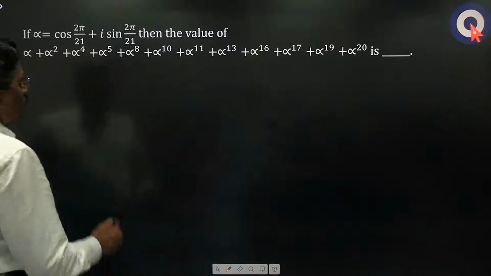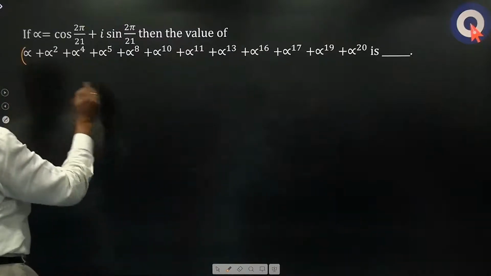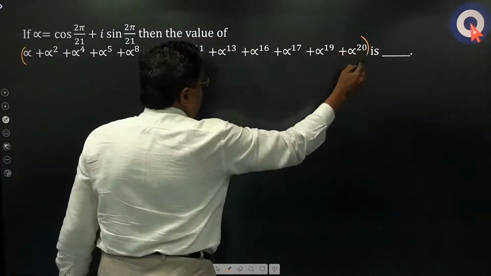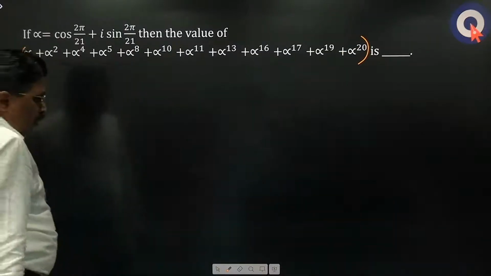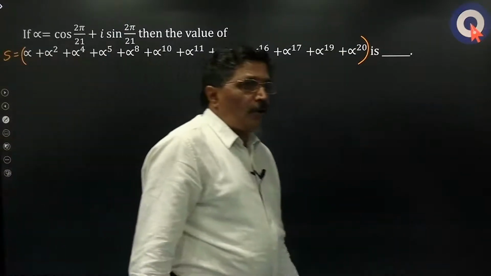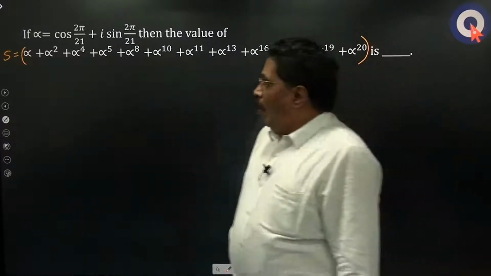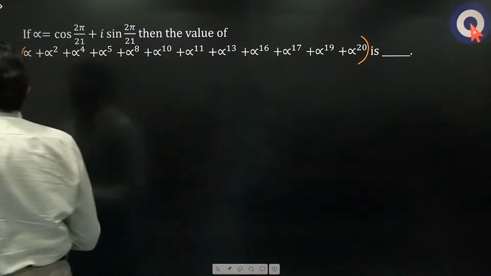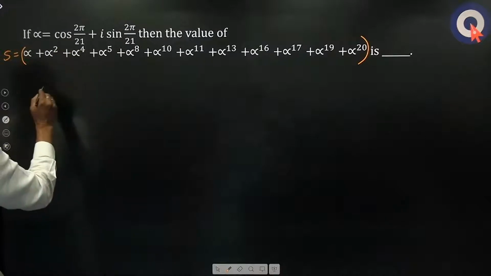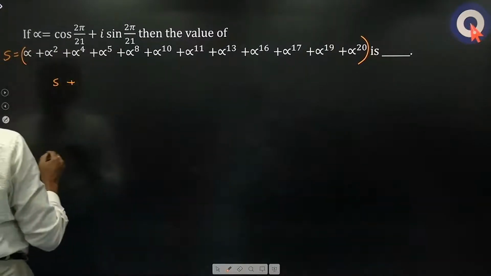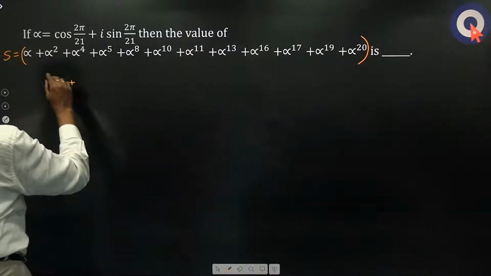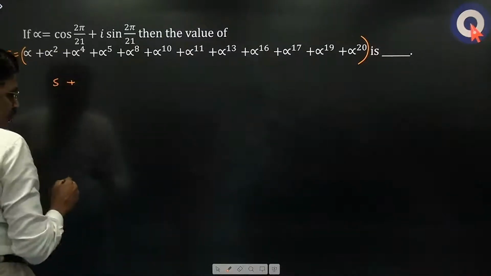All right. So let us say, let this much, whose sum is to be found, we shall call it S. So what I will do, S plus, okay, I will just write down the missing terms.